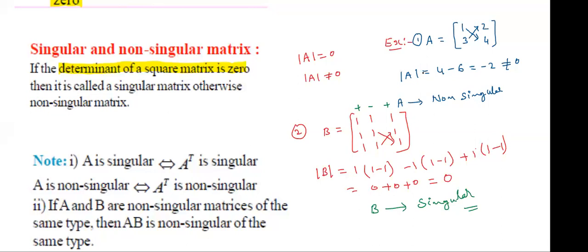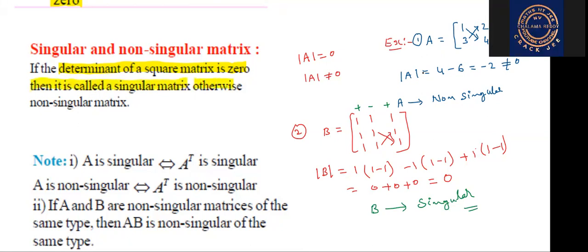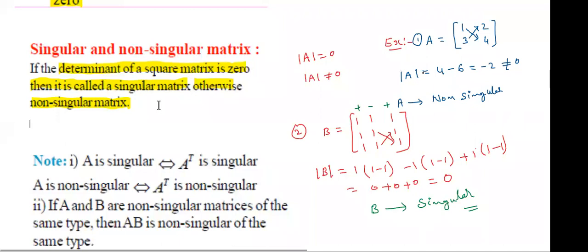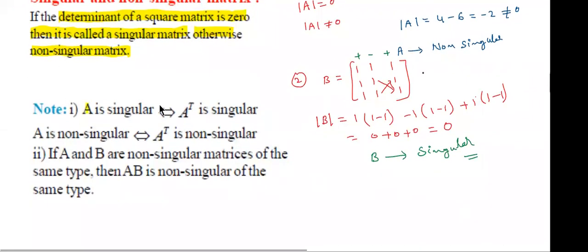Friends, have you understood? If the determinant of a square matrix is 0, then it is called singular matrix, otherwise non-singular matrix. Now note these important points. If A is singular matrix, then A transpose is also singular. If A is non-singular, A transpose is non-singular.